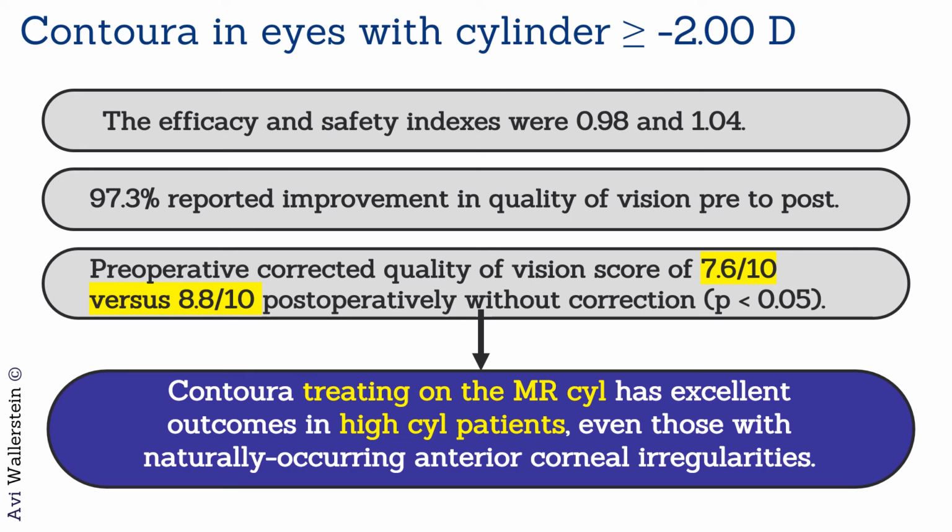The study outcomes are superior to those with high astigmatism in the literature that are non-topography guided. So treating on the manifest refractive CYL has excellent outcomes in high CYL patients, even with those with naturally occurring anterior corneal irregularities.